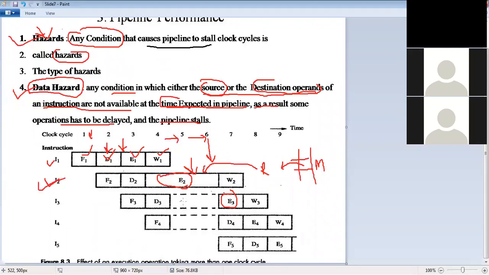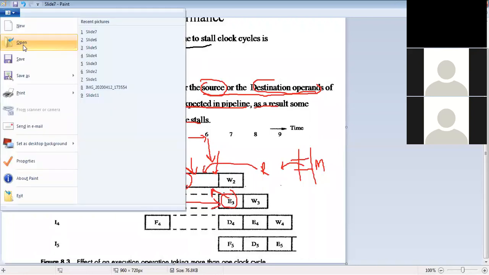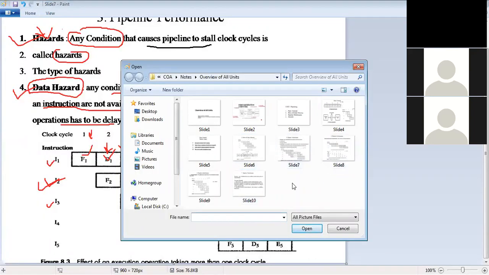That's why the execution of I3 is postponed, because up to the 6th clock cycle this particular unit is used by instruction I2. So this particular type of hazard is called a data hazard. Now let us try to understand the next hazard.